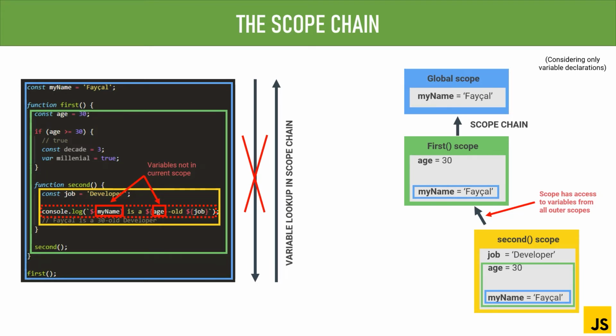Anyway, with all this in place, this line of code can now be executed and print to the console: Faisal is a 30 years old developer, even though the myName and age variables were not defined in the current scope.